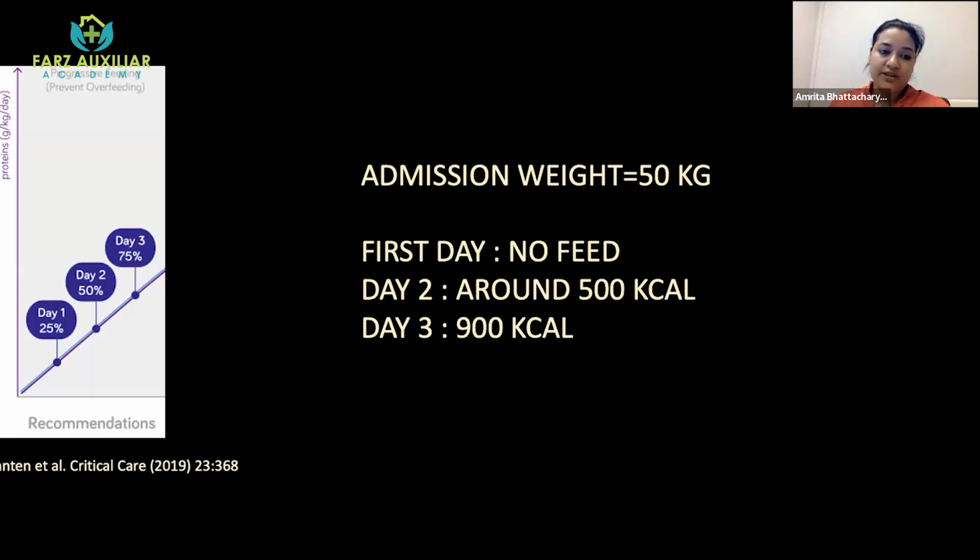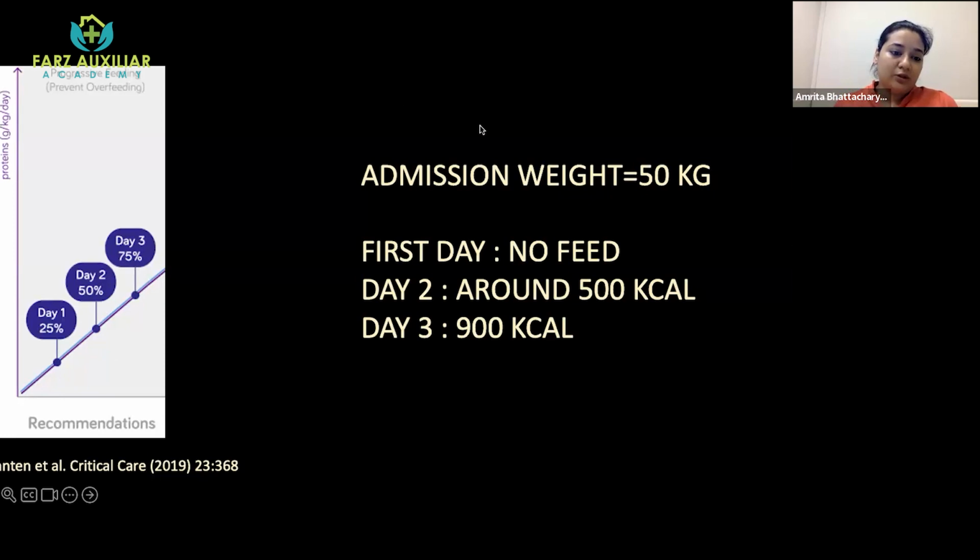So for our patient, we now have guidelines which say that whenever you start feeding, you shouldn't start with 100% of the targeted requirement on day 1, right? So for day 1, it could be around 25%, which should be gradually escalated to 50, day 3 to 75, and that is how you go. In short, you should progressively increase the amount of calories.